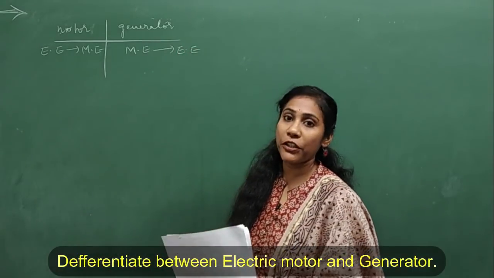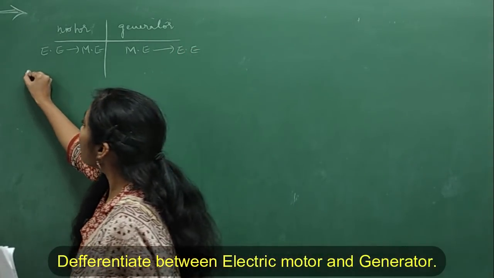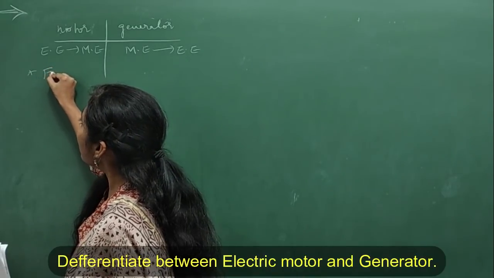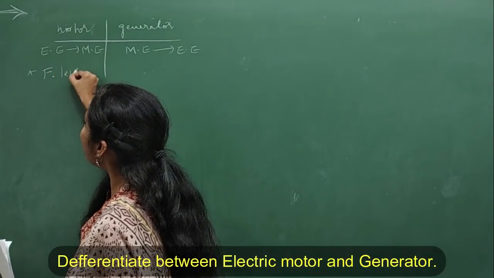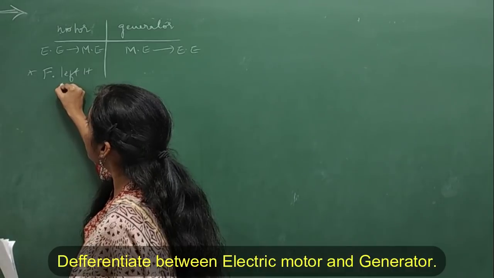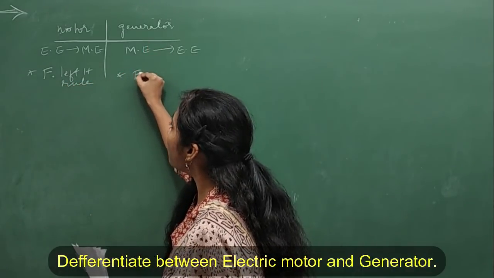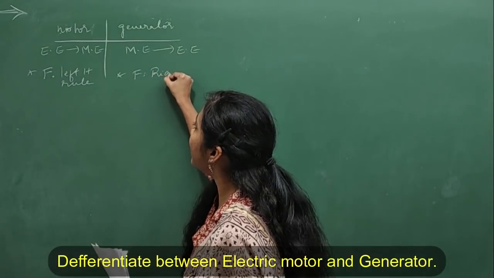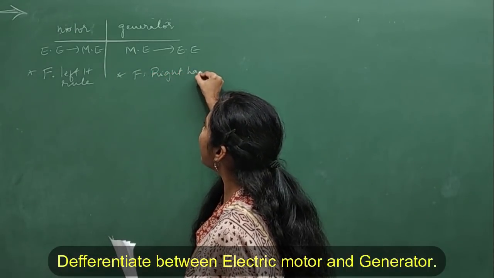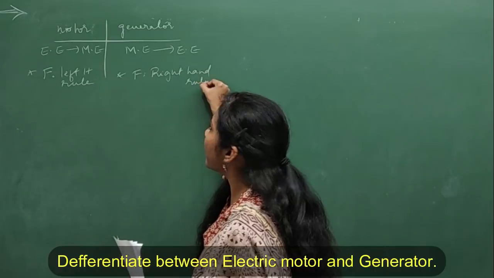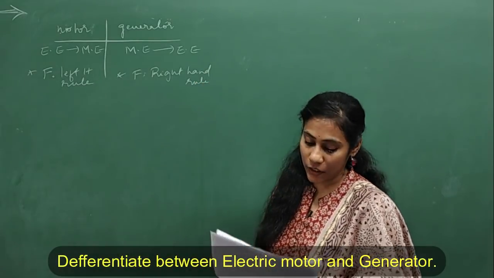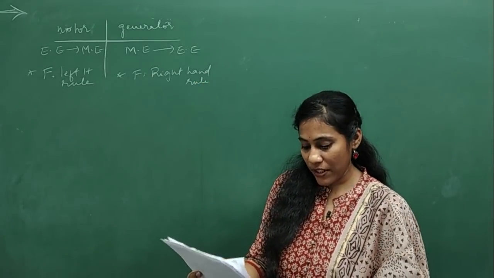So that is one point of difference. And here, motor works on Fleming's left hand rule, right? And electric generator works on Fleming's right hand rule. So this is another point of difference you can mention, right? Very important question. Next question.